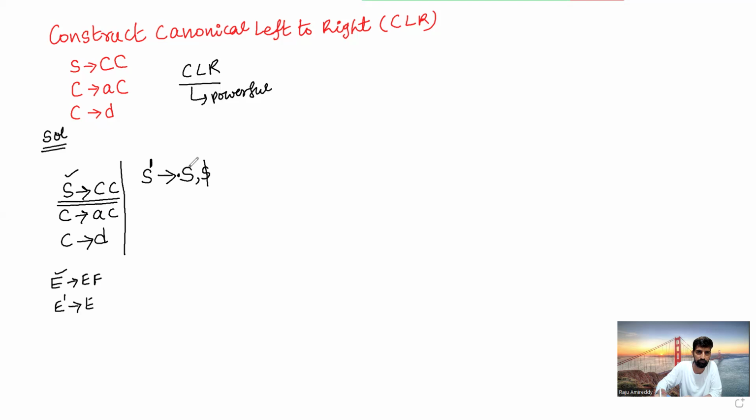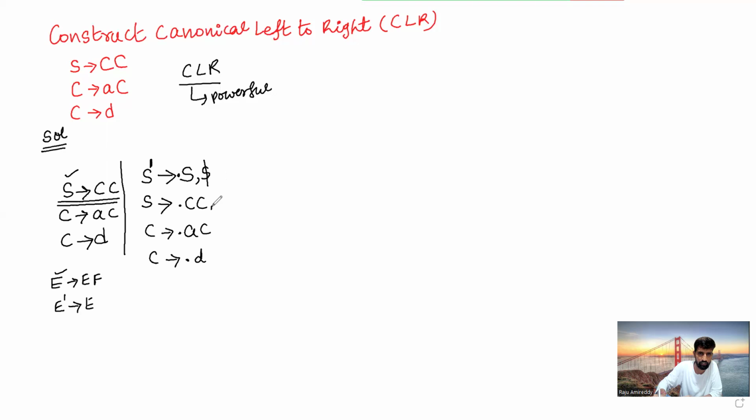Now after that we have S, so you write the S production as it is in the grammar: S → .CC. After the dot we have C, so you write the C productions as they are: C → .AC and C → .D.